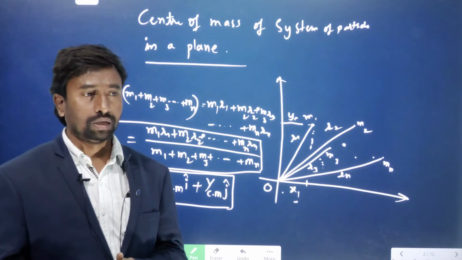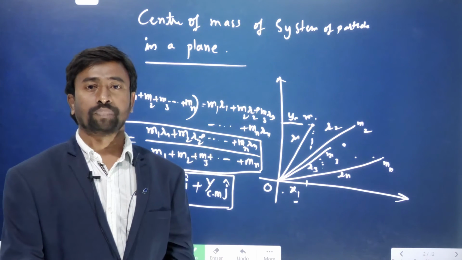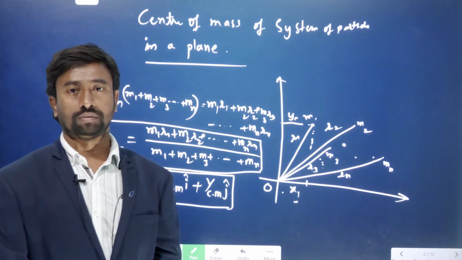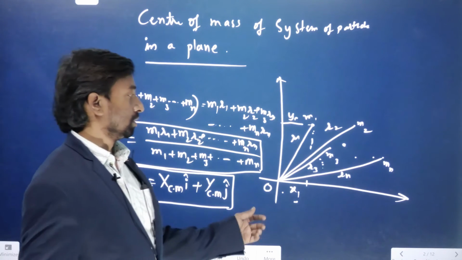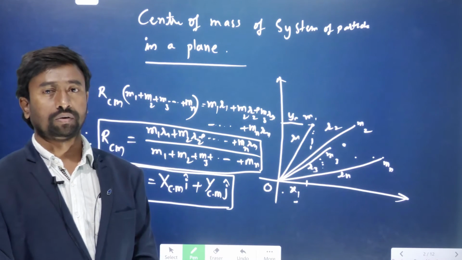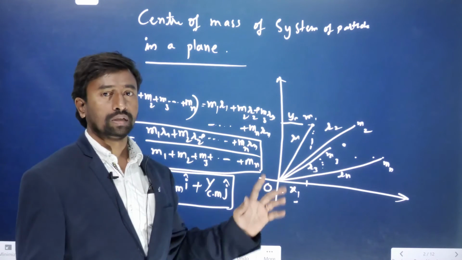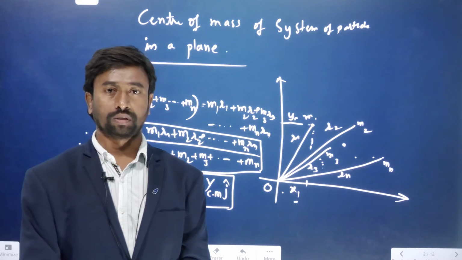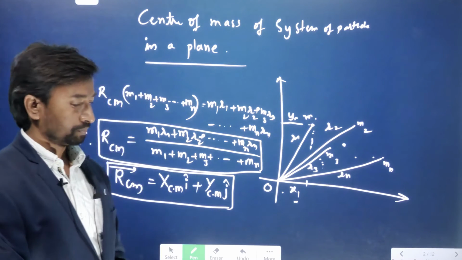We know that if it is a regular shaped body, then the center of mass and the geometrical center of the body coincide. By taking an origin, we can take the lengths from the origin and find it. Otherwise, if it is a continuous body, then we go with the integration method.